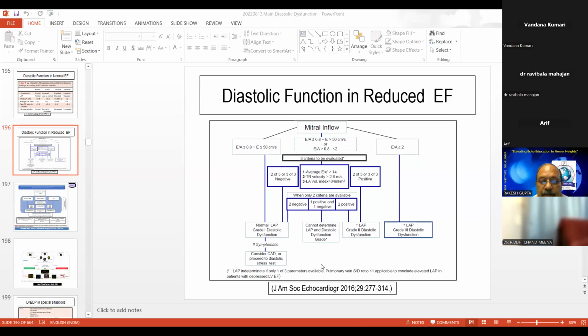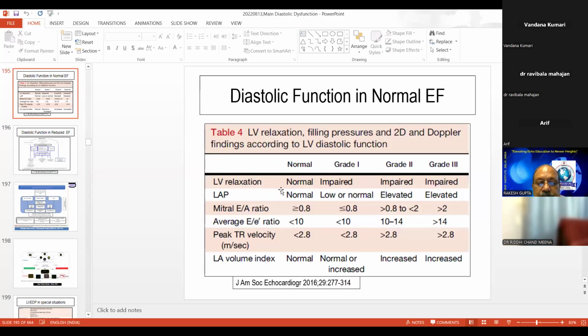So go back to the previous slide. This is impaired filling patterns. Left atrial pressures are elevated. So if we calculate grade 2 diastolic dysfunction, we say elevated LA pressures. Here grade 1 is normal or low.